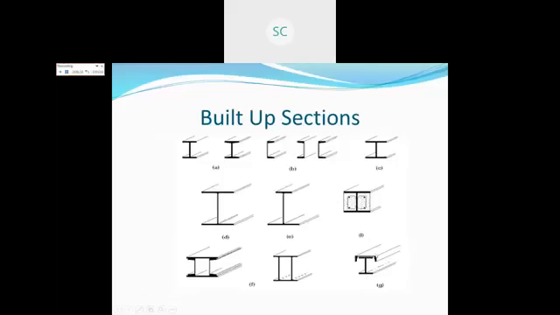You have to provide a channel section over the top of the I section, or for a heavy structure like a multi-storey high-rise building, you have to join two or three rolled sections. For example, you provide two channel sections back to back with lacing members, or you provide an I section with a cover plate. So this is the built-up section. Always remember what the rolled steel section is and what the built-up section is.